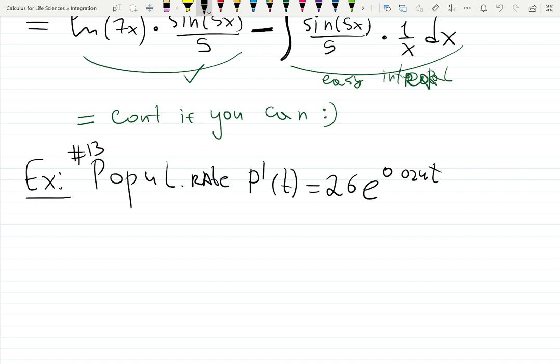Here it is: P prime is 26e to the 0.024t, where P is the population and t is the number of years after some year, and they chose it to be after 1995. That's what you should be good at because we did it so many times.